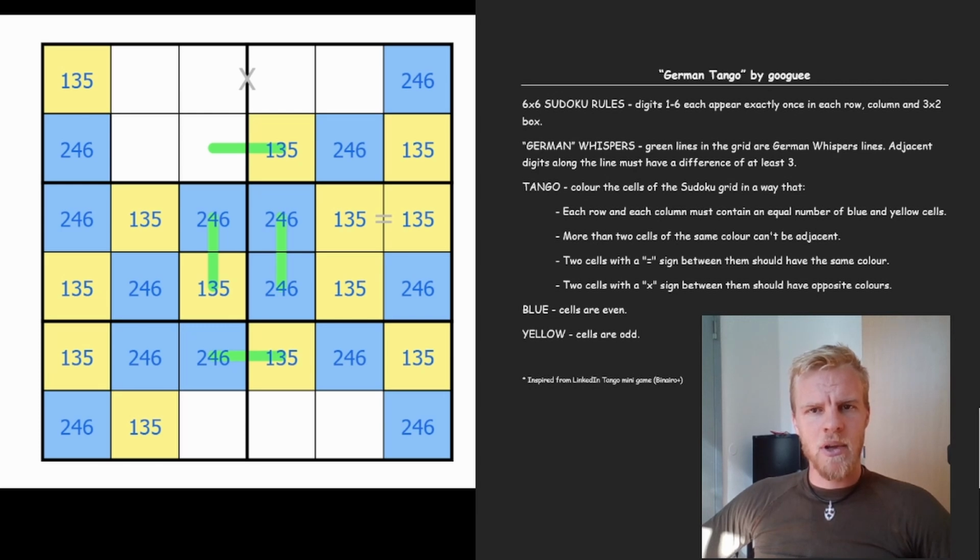Now let's think about the German whispers line with adjacent digits need to have a difference of 3. If we put a 4 in any of those cells, we can't have 3 apart. That's a 2, 6 pair. 4 and 1 on this would be 3 apart.